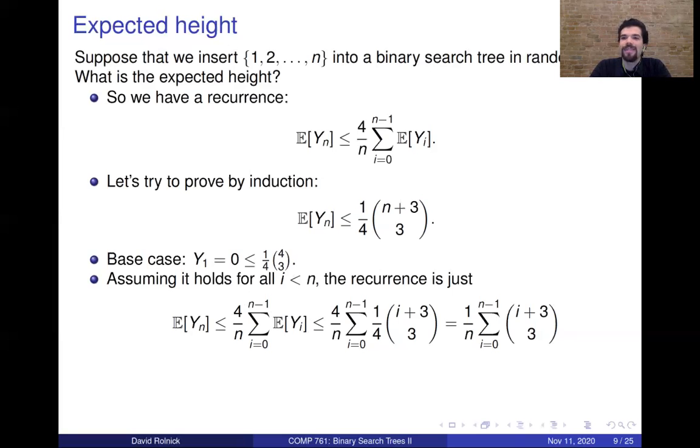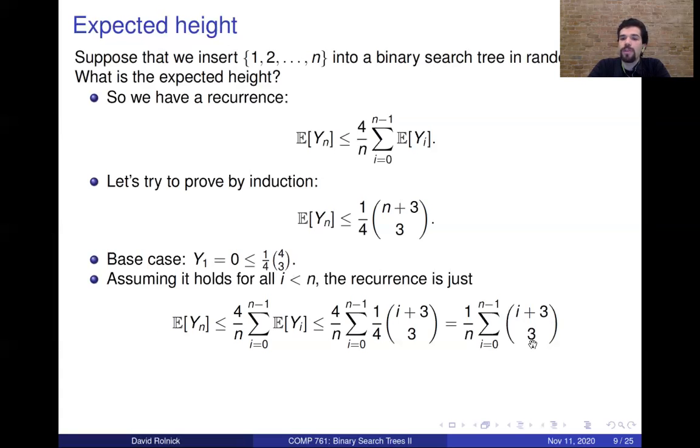Now is where we can break out our hockey sticks. This is the hockey stick identity time. Hockey stick identity is when you have a bunch of different things summed up where you're choosing the same thing. So i plus 3 choose 3, where i is changing from 0 all the way up to n minus 1.